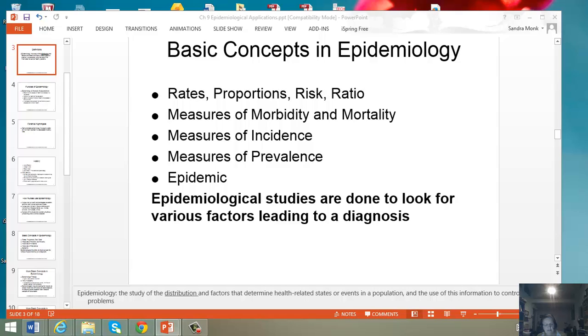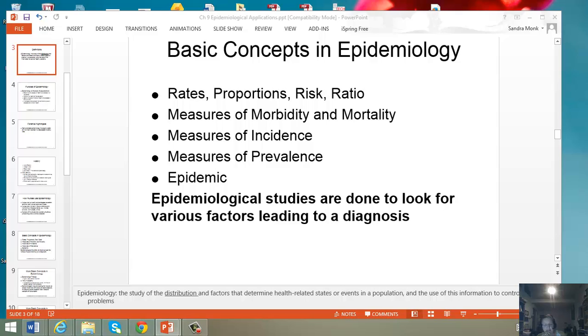Some basic concepts: we look at rates, proportions, and risk ratio when determining epidemiology. Is this something that is a widespread problem, or is it something that is limited to a certain area? We look at measures of morbidity and mortality: how much illness and disease is caused, and how much has it contributed to the death count or death rates.